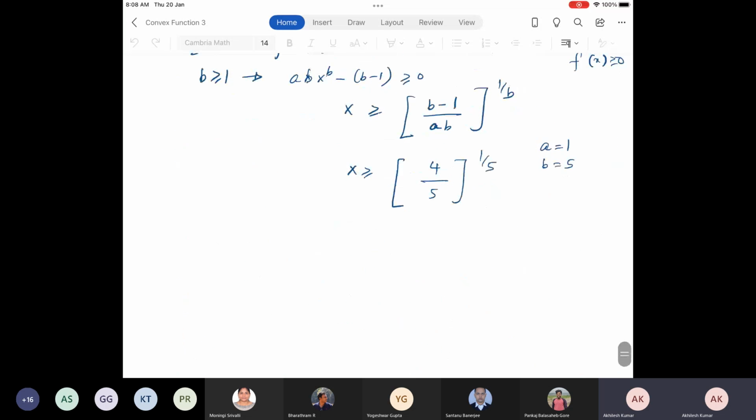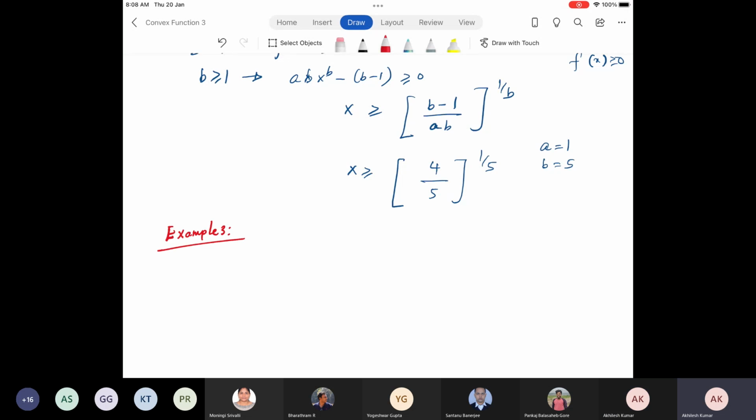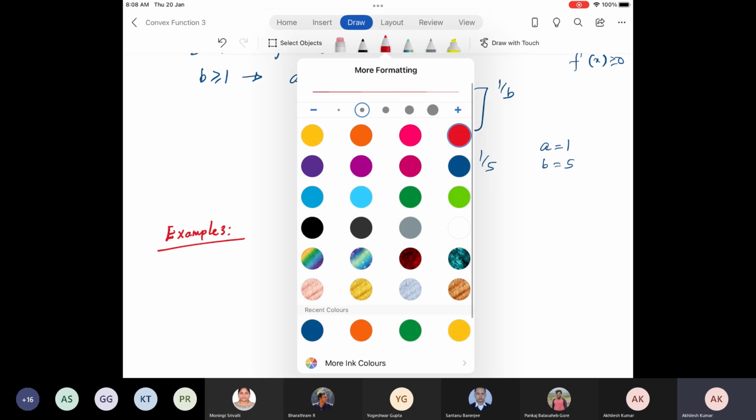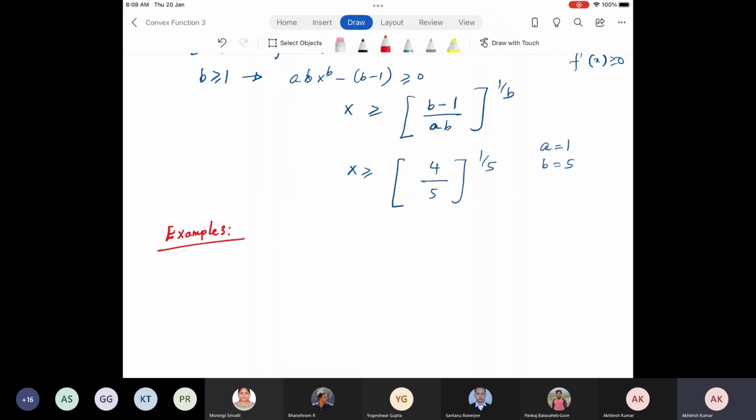So another example. F of x1, x2 is 1 by x1 x2 on R plus plus 2. So check whether this function is convex or not.